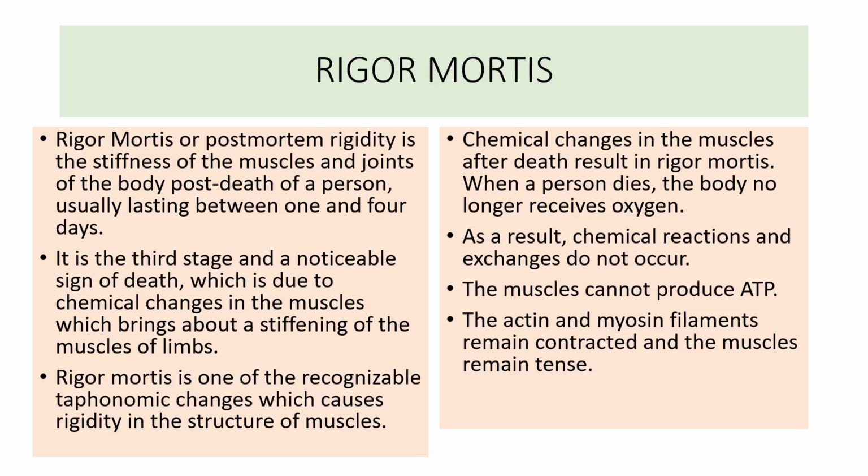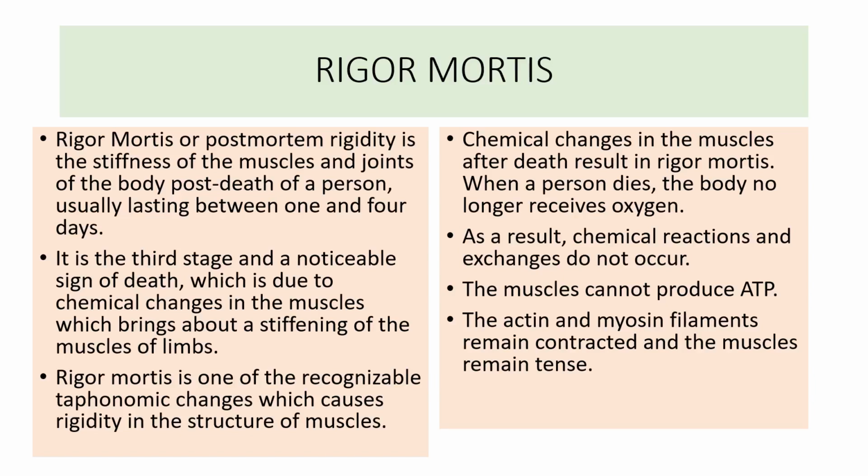It is the third stage and a noticeable sign of death, which is due to chemical changes in the muscle, which bring about a stiffening of the muscles of the limbs. So rigor mortis is one of the recognizable changes which causes rigidity in the structure of the muscle.